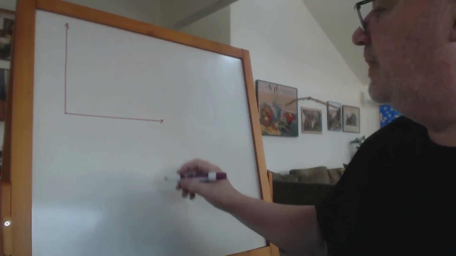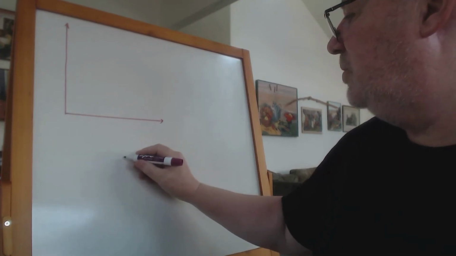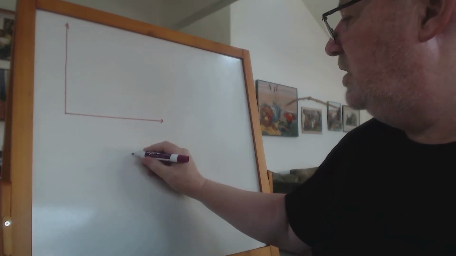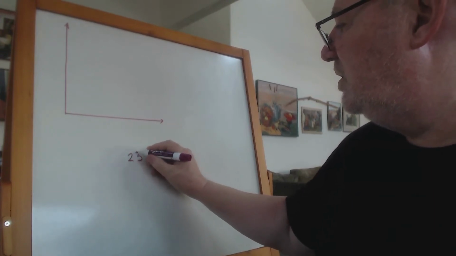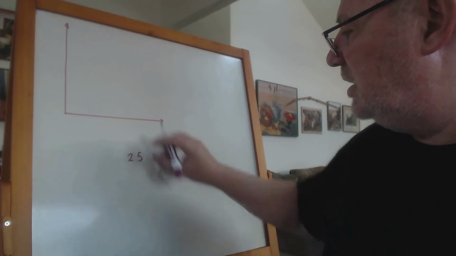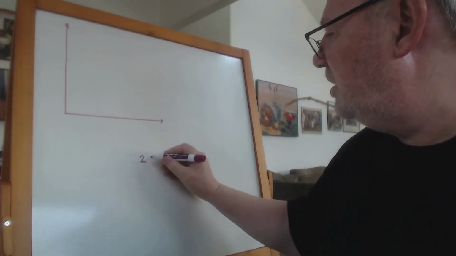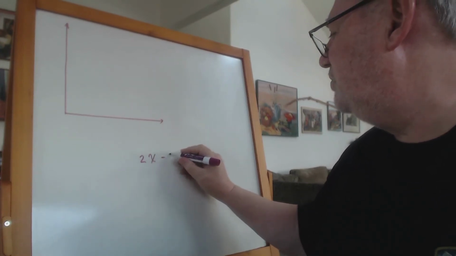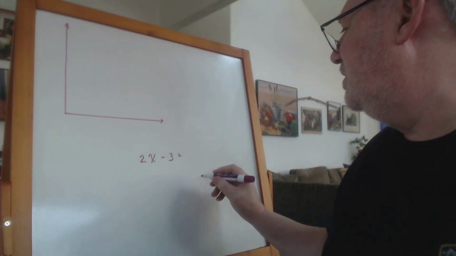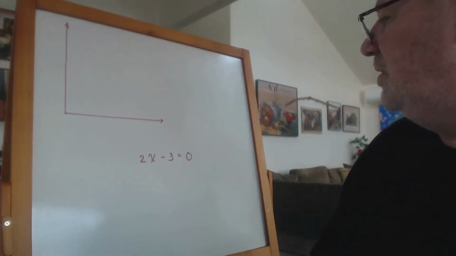So let's say we have an equation that's given to us. Let's keep it small. 2 times x minus 3 equals 0. Okay?